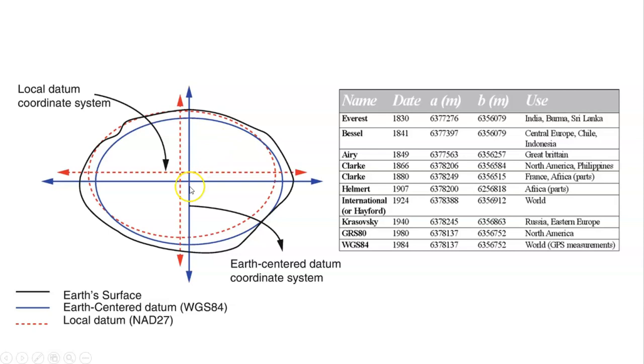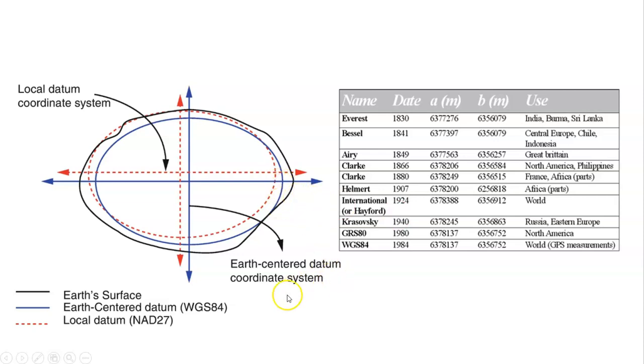Now, here is an example which tries to depict the major axis, minor axis, origin, and flatness variations associated with two sets of datum. One is the well-known World Geodetic System 84, the Earth-centered datum, which is reflected in the blue color, this one.